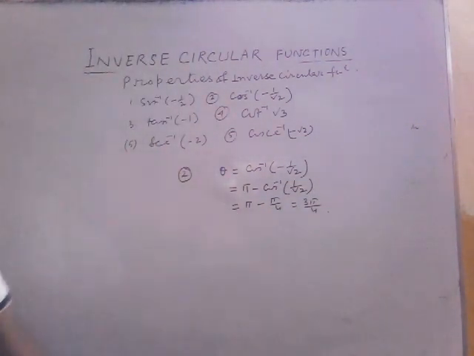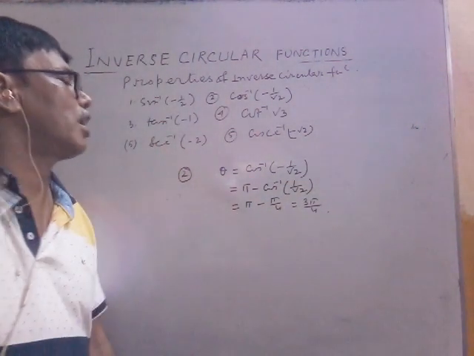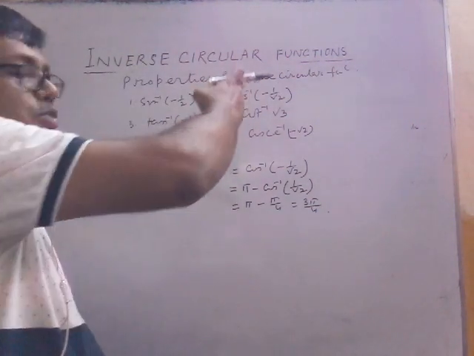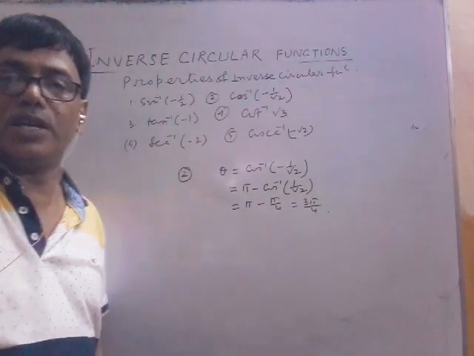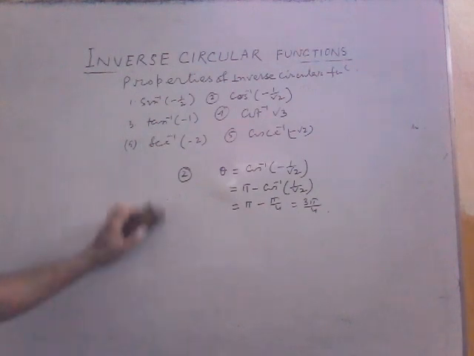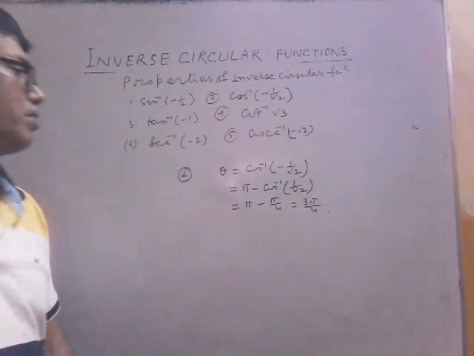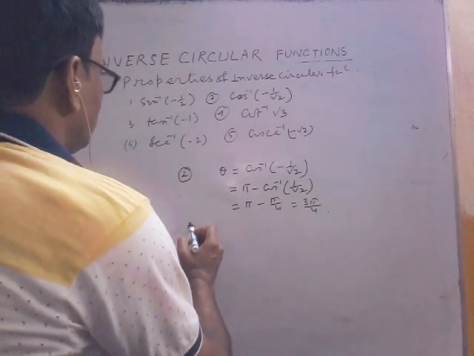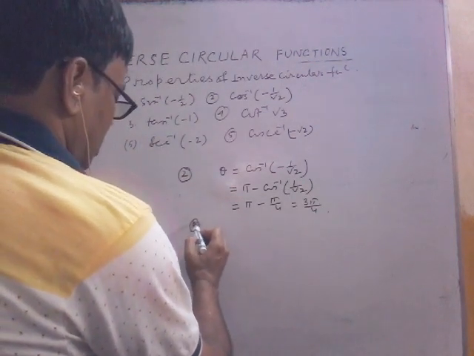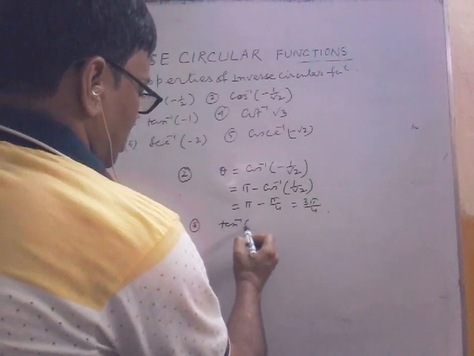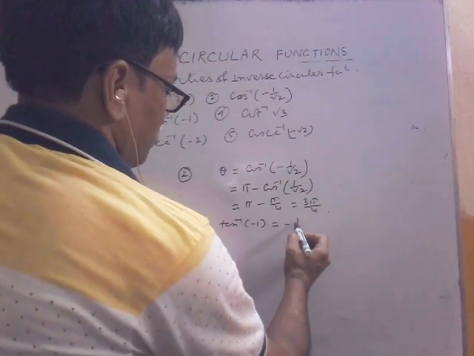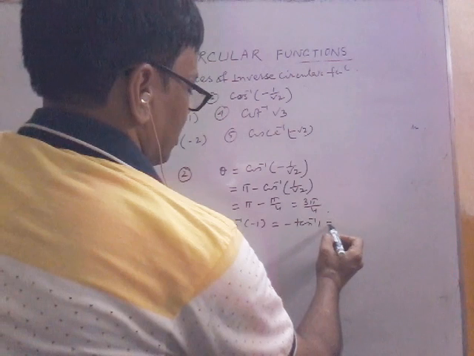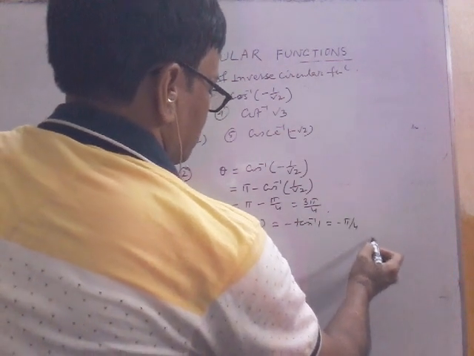Write the inverse circular function, and if it is negative, use the formula for negative inverse circular function and write the principal value. Look, for problem number 3, tan inverse minus 1 equals minus tan inverse 1 equals minus pi by 4.